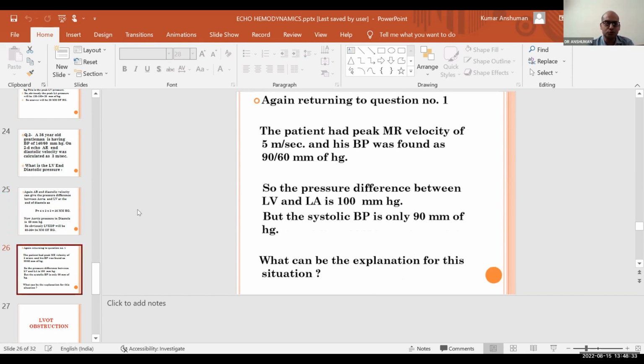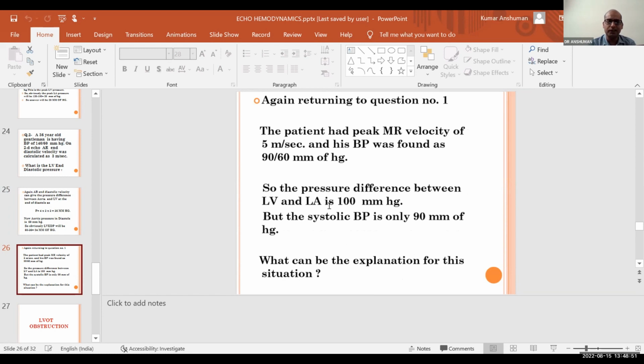Now, just to give a twist to the question, we are going to question number one. Again, peak MR velocity is 5 meter per second. Here, BP is 90 millimeter Hg. Now, 4V square, the pressure difference is 100 millimeter Hg.